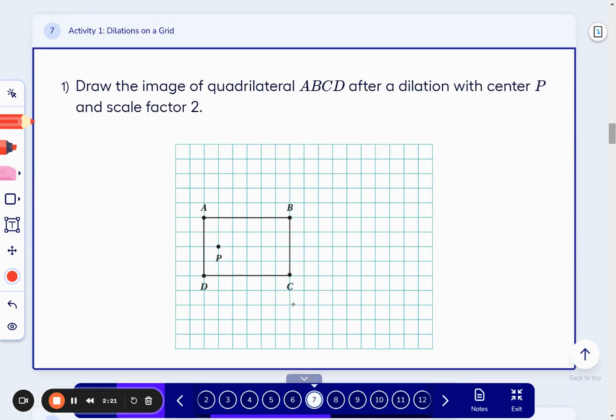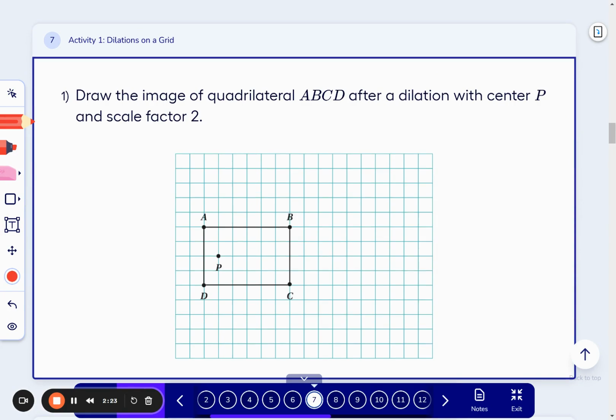So we're going to perform these 3 dilations, 1 on a rectangle, 2 on a triangle. We're told that our center is P, so that's where we're going to start every time. That means over and up, over and down. So this is 1 by 2, whereas this is 1, 2, 3, 4, 5 by 2.